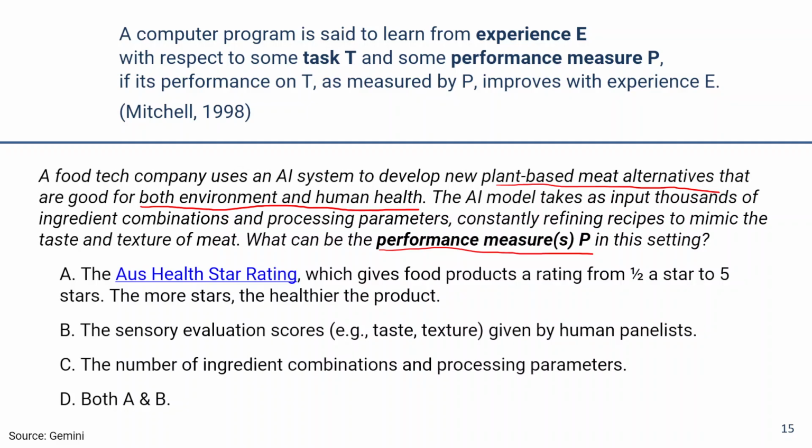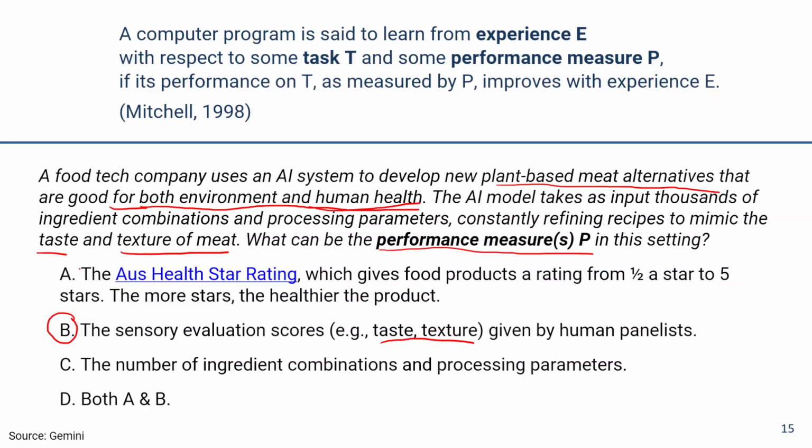Okay, so in this case, it depends on your requirement, right? If you check here, you want it to improve the taste and the texture of the meat, right? So this one for sure will be one performance measure. But the other one, you can see here, they want to develop food good for environment and human health, right?